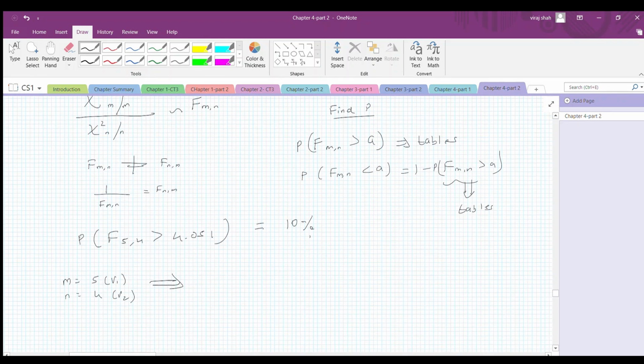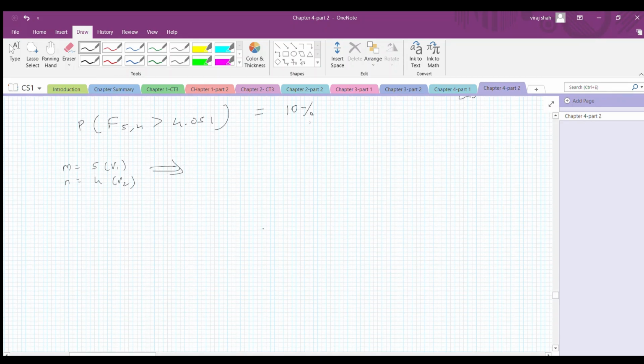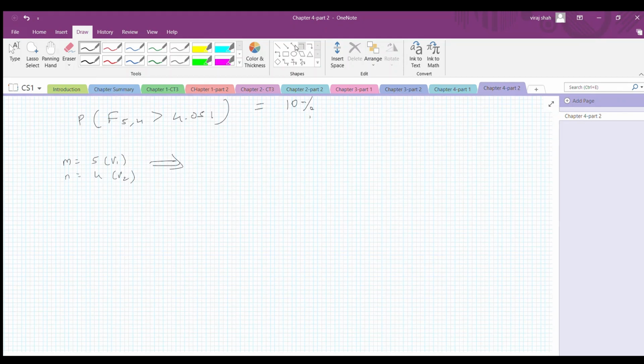How does the graph of the F distribution look? Let us see that. These distributions are not that important. They would only be used in our confidence interval and hypothesis chapters, which are chapters 8 and 9, nothing else.